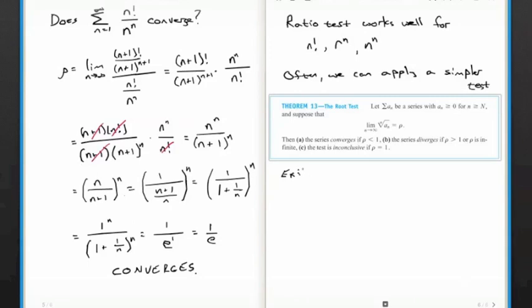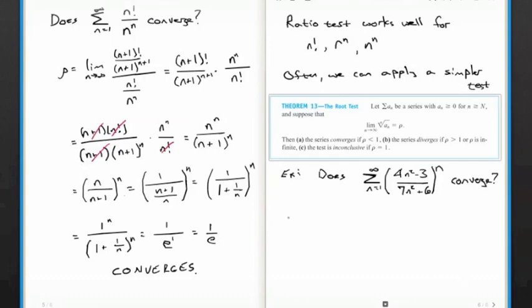Does the sum from n equals 1 to infinity of this big thing here, 4n squared minus 3 all over 7n squared plus 6, this whole thing raised to the n power, converge?